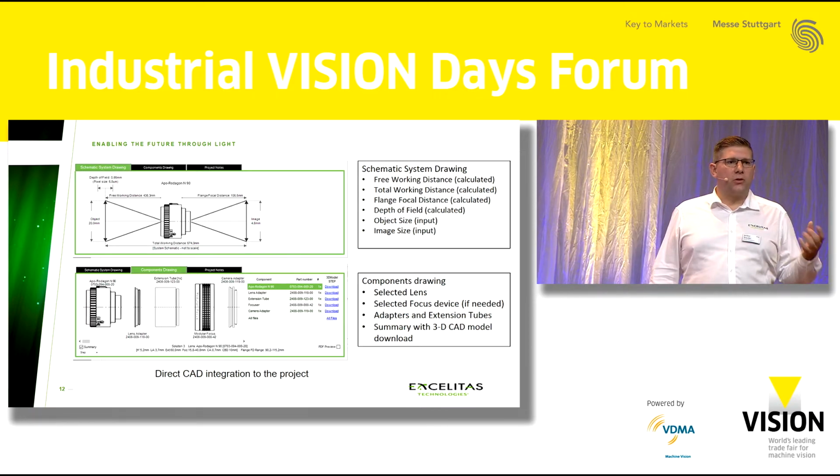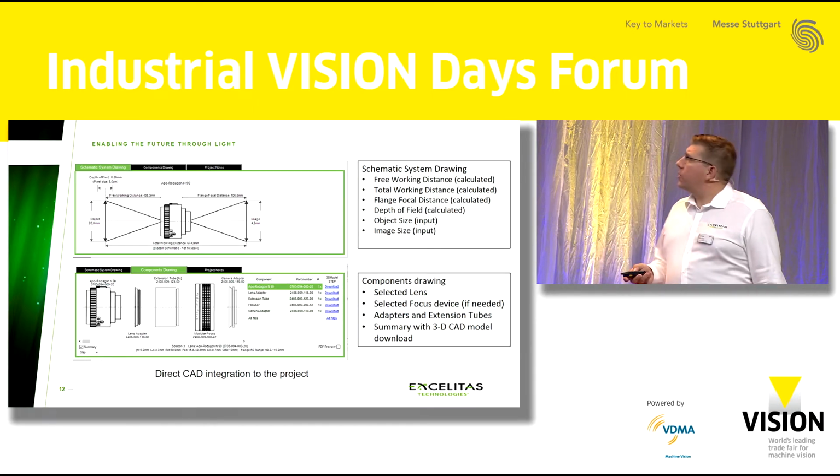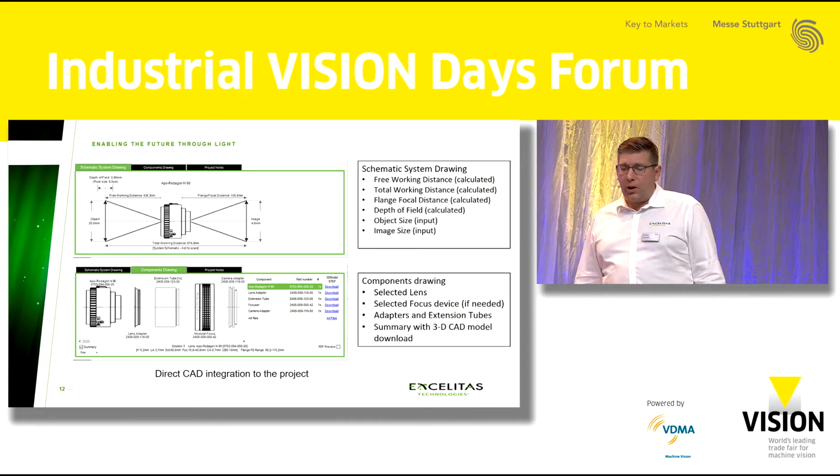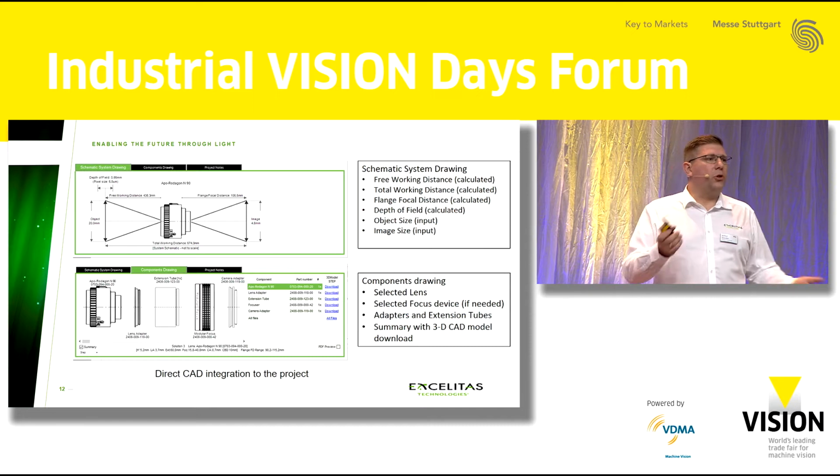The aperture you can also select in the software in detail. This is also the output from the schematic system drawing. The object size and the image size are from your input.